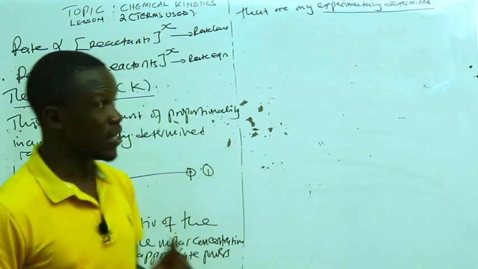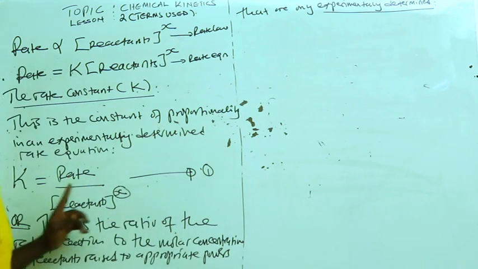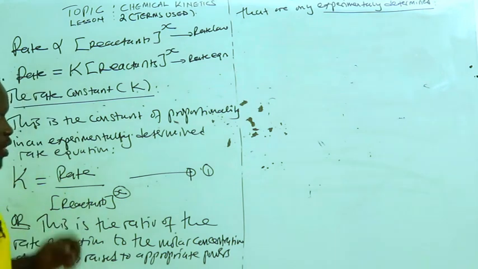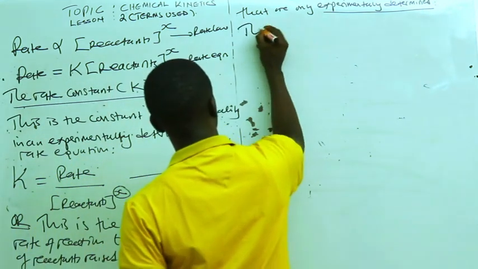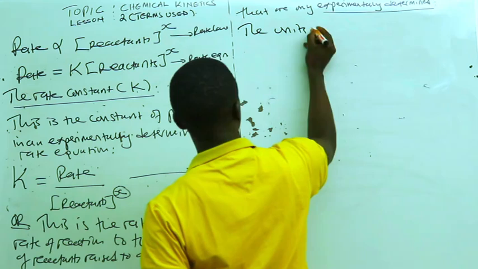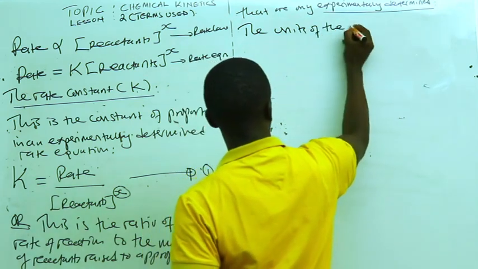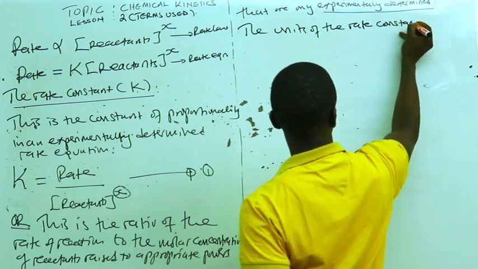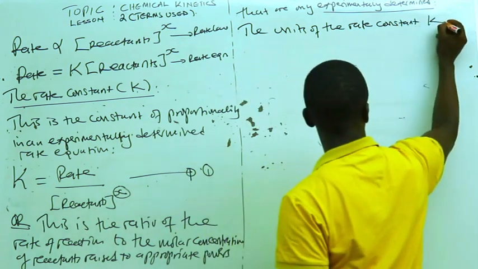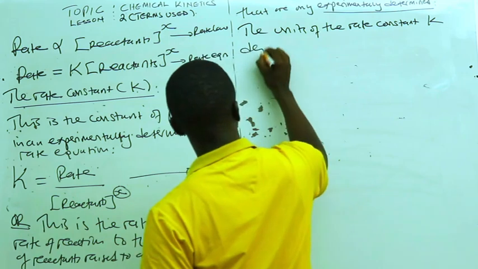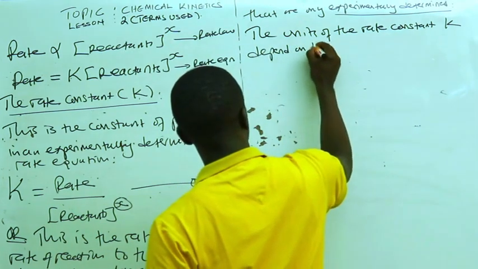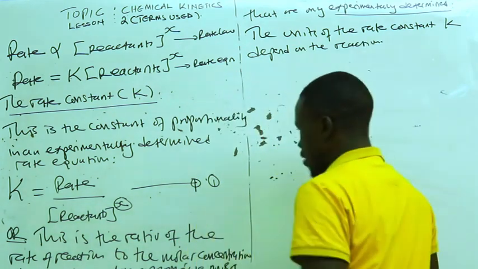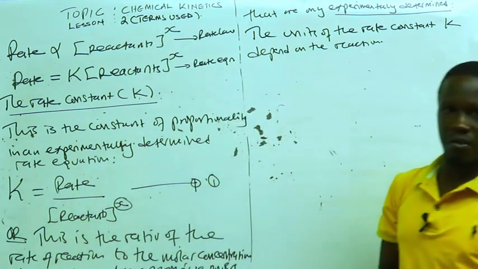And that means the units of the rate constant K will depend on a particular reaction, because the value x will keep varying depending on the reaction.